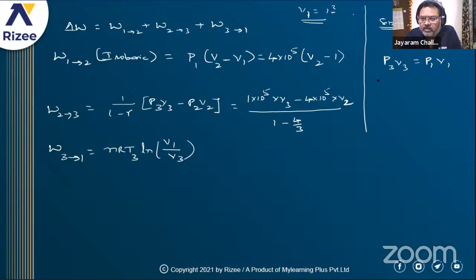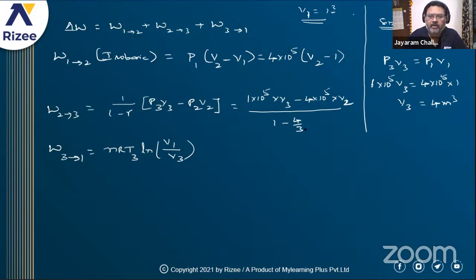From this one, V3 value, we don't know. What is the P3 value? It is 1 into 10 to the power of 5 into V3 is equal to pressure P1. P1 and P2 are the same, 4 into 10 to the power of 5 into 1. That means V3 value will be equal to 4 meter cube.